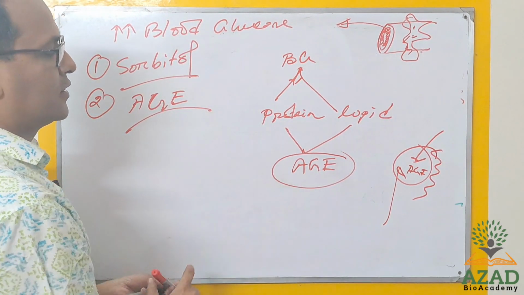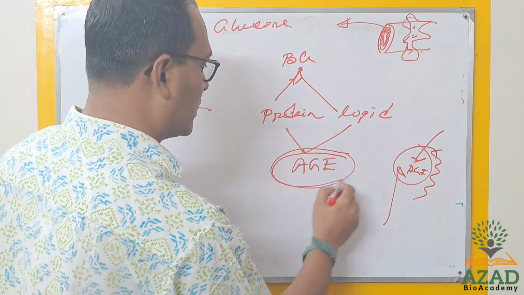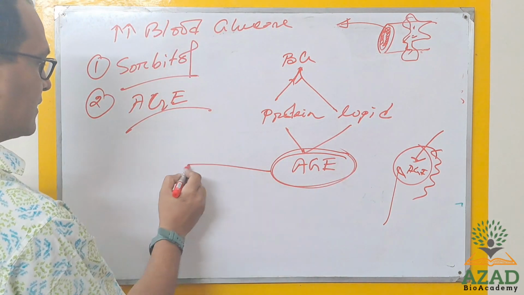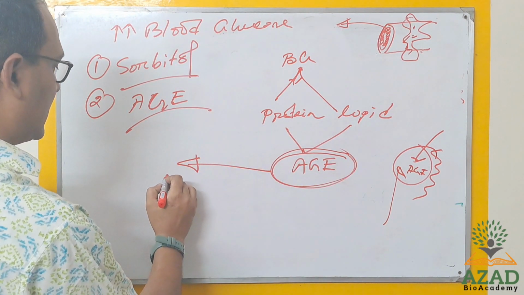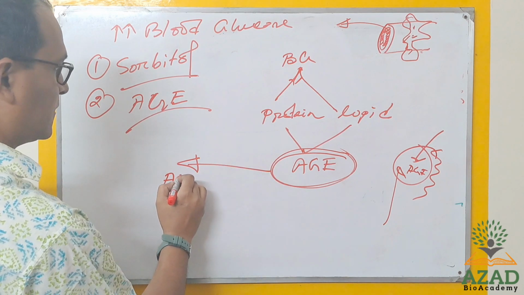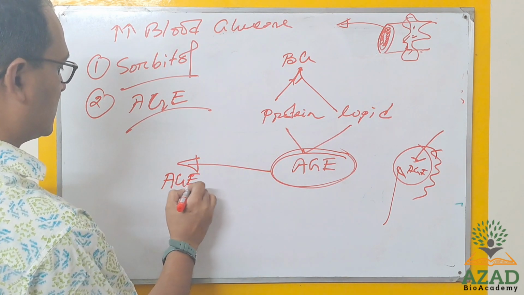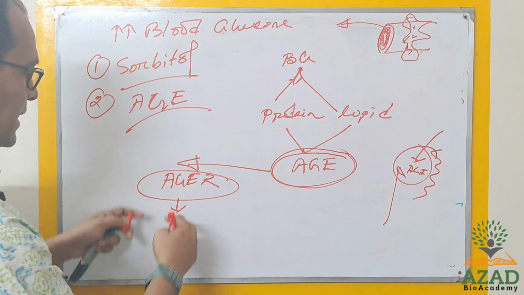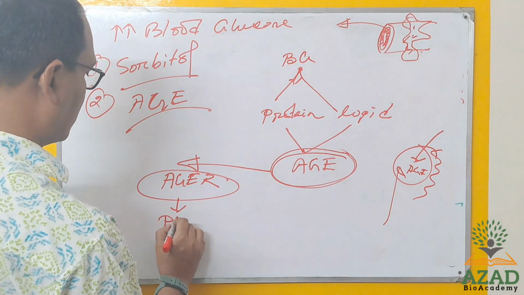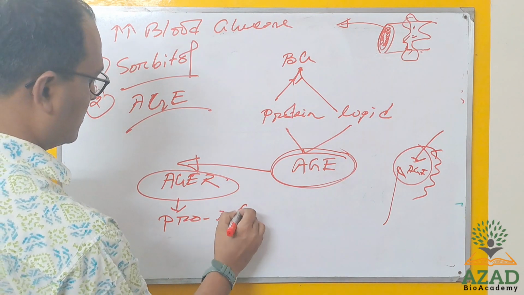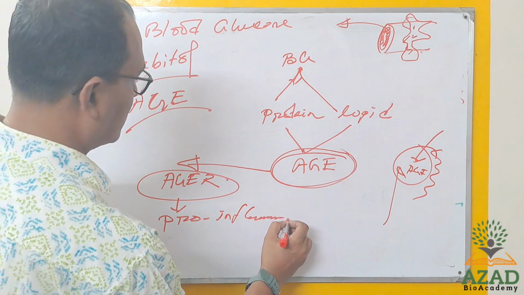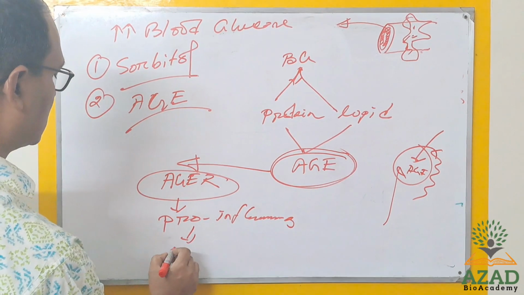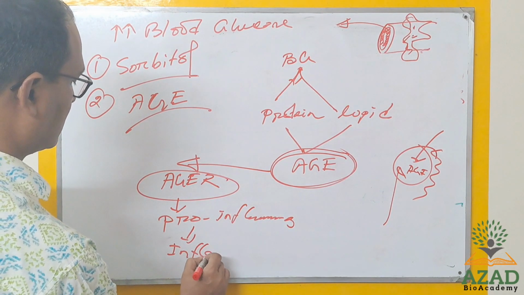That AGE, as I already said, is a glue-like substance. AGE can bind with the AGE receptor, and it will activate the pro-inflammatory pathway. It will activate the pro-inflammatory substances, and it will cause inflammation.